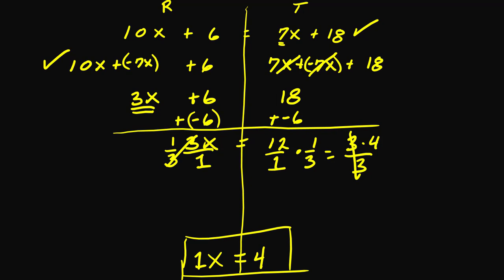All right. So at some point I may ask you, how many solutions are there to this equation? You can go through this entire process like this, but if you know some secrets, you can save yourself a lot of time and a lot of opportunity to make a mistake by recognizing, and here's the hint, if there's going to be one solution, the coefficient on the x terms will be different.